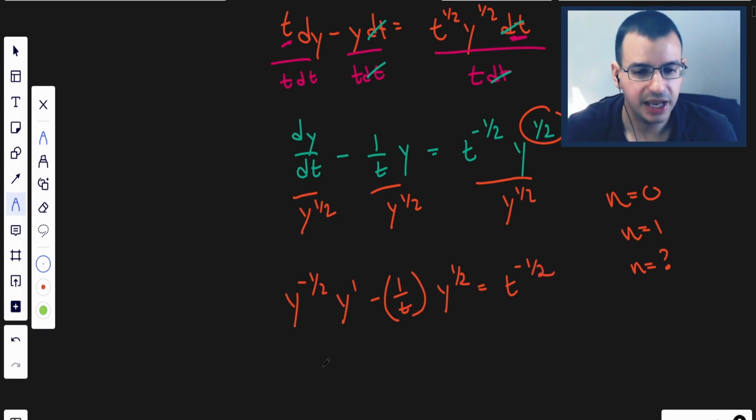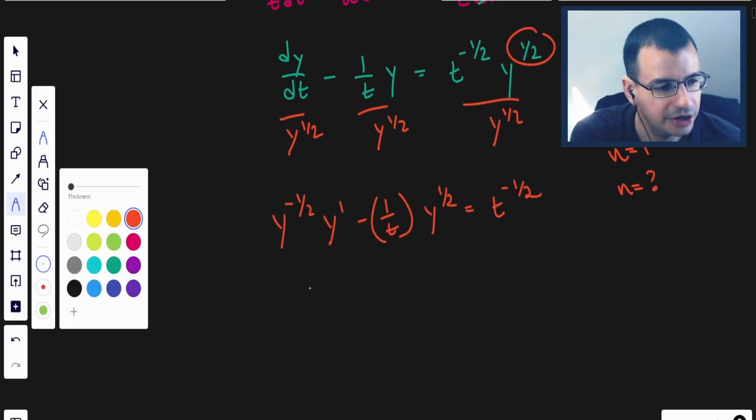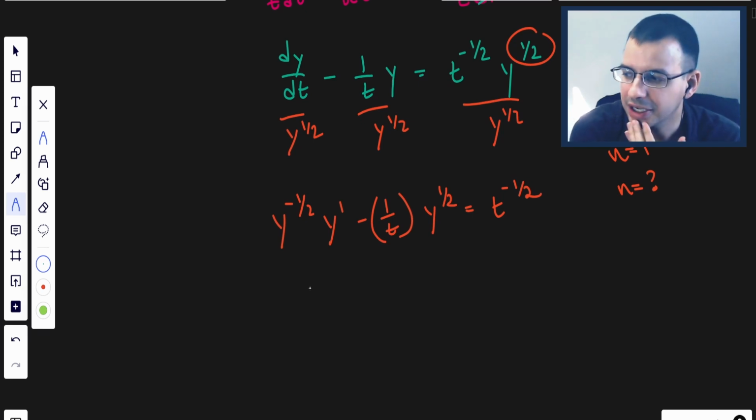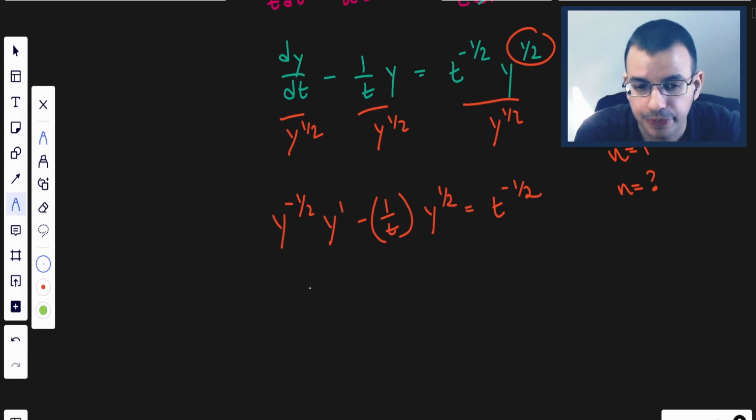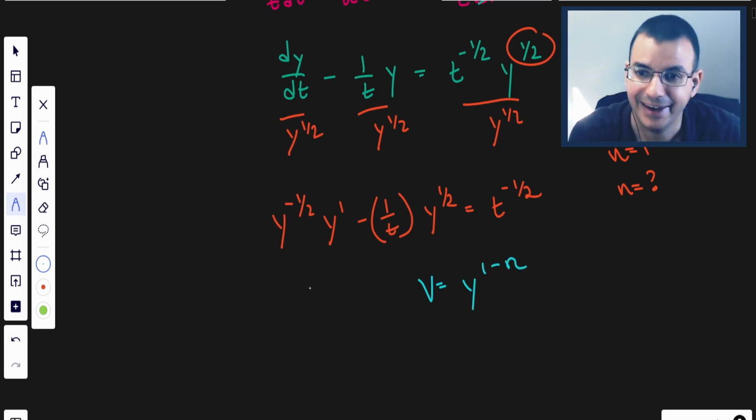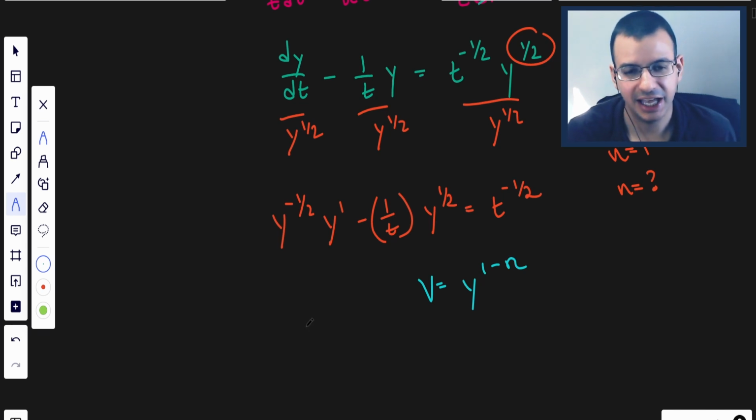right? So now the trick is, I know it's kind of weird when you say trick in math, but true. We're going to say that v equals y to the 1 minus n. So this is the key idea to Bernoulli's.